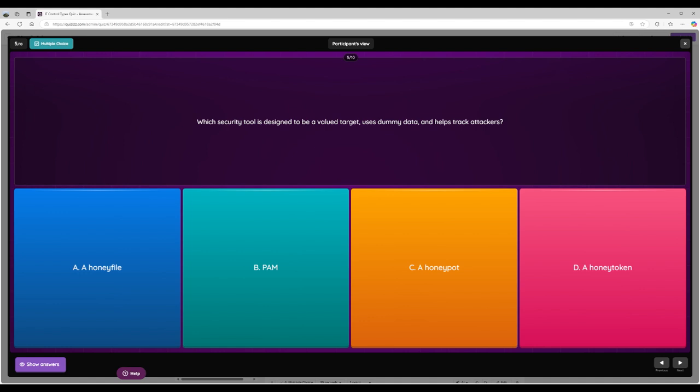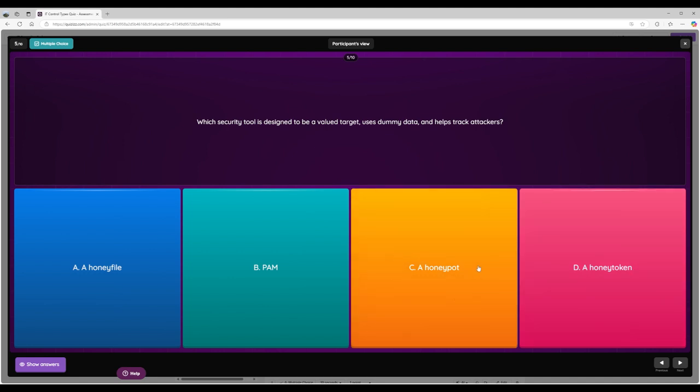If we read the question again, it says, which security tool is designed to be a valued target? But the most important thing we should know is that it uses dummy data and helps track attackers. So once we see that it uses dummy data, we should be thinking of the honey token.